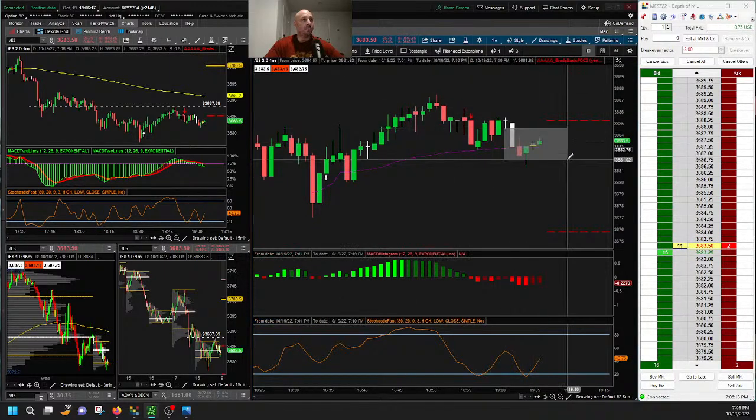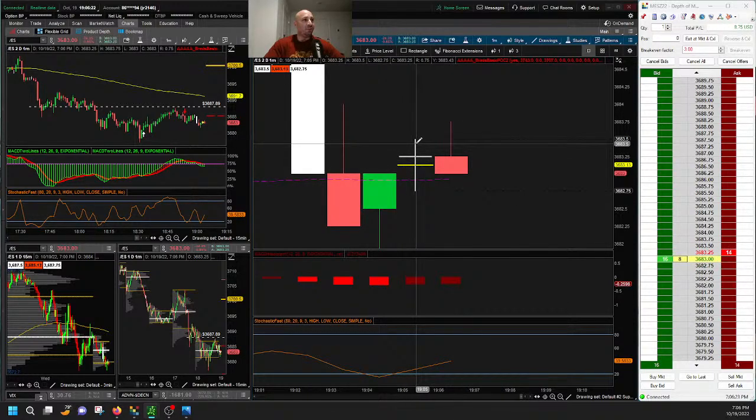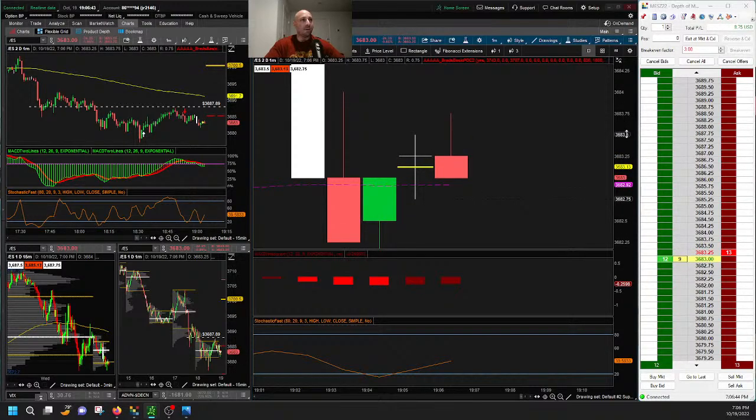If I zoom in right here, these are the dashed black lines. They're a little hard to see, but this yellow line is the 50% Fibonacci of this candle. You'll see how it lines up with the black lines. Those are the previous high and low of the candle, and that's what these levels are. So they all tie in with each other.